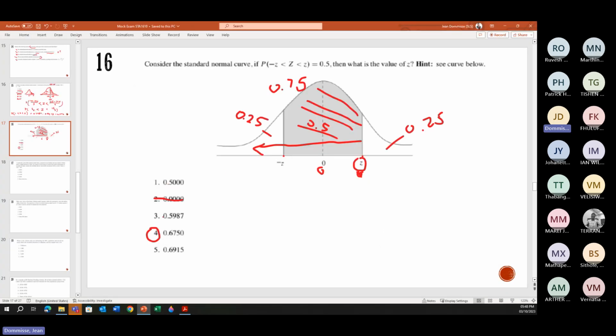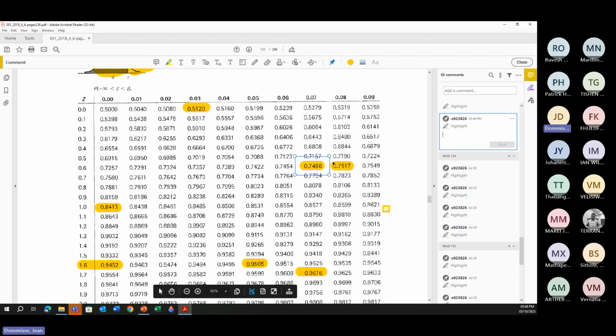If you only used 0.25, you would have gotten that as an option, which is also incorrect. Then maybe if we looked for 0.5, let's quickly check if we looked for 0.5.